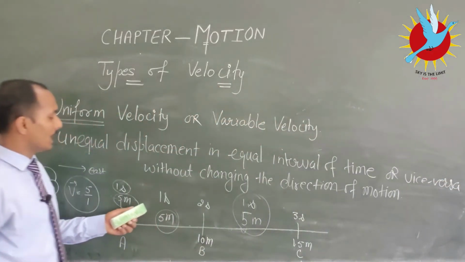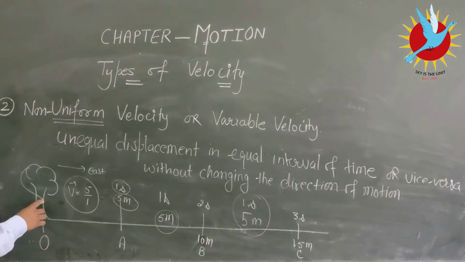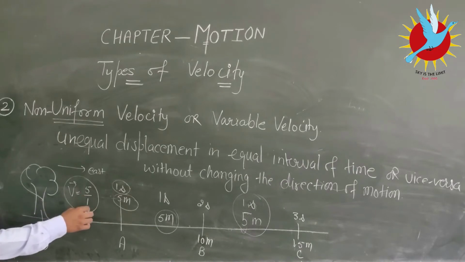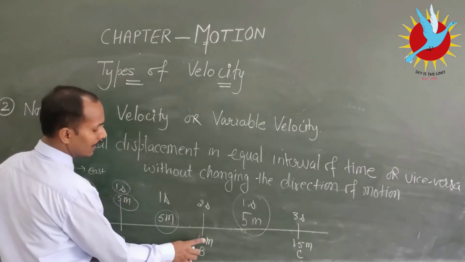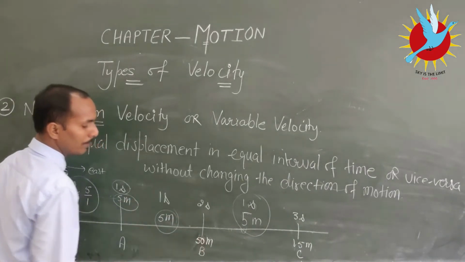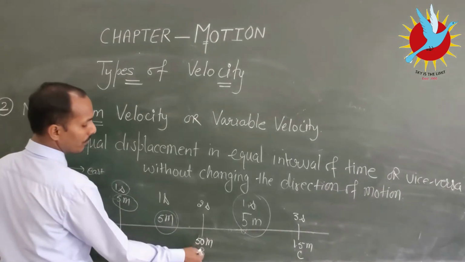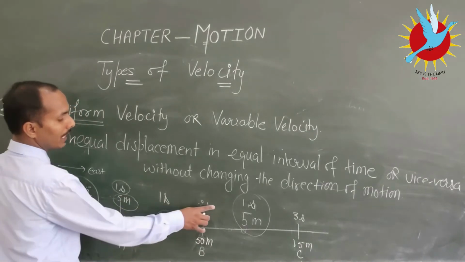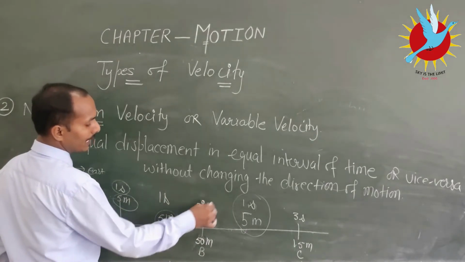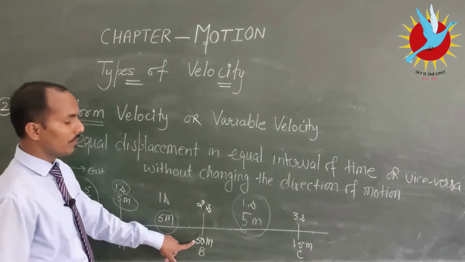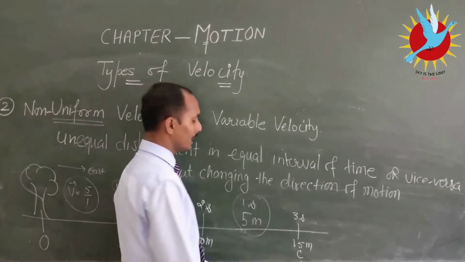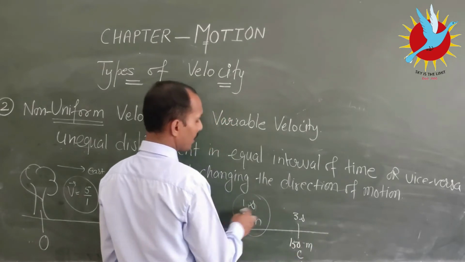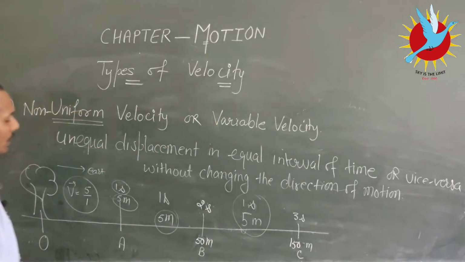In the first case the body covers 5 meters in 1 second, but in the second case it reaches the point at 50 meters. In case of B it covers 50 meters in 1 second, then at 2 seconds its position is 50 meters, and after 3 seconds its position is 150 meters.